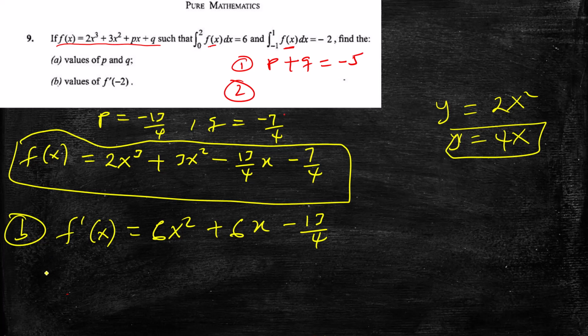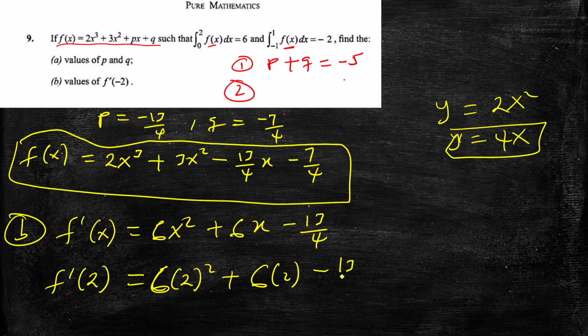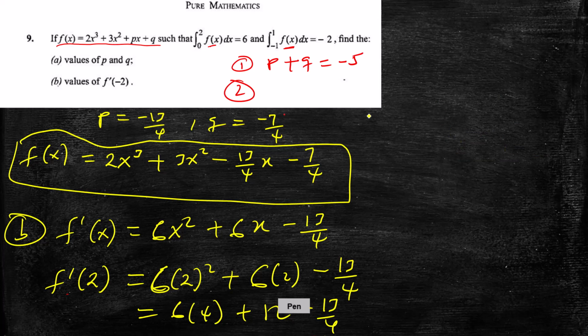The question says find f prime of 2. So let's plug in 2. 6 times 4 is 24, plus 12 is 36, minus 13 over 4.